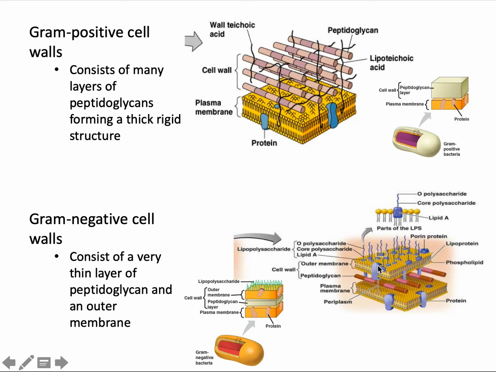However, if you look at the gram-negative bacteria, they have very thin peptidoglycan, but they have an outer membrane. So in addition to the plasma membrane, they have an outer membrane. So these are some of the differences that you can see in the cell walls of gram-positive and gram-negative bacteria.